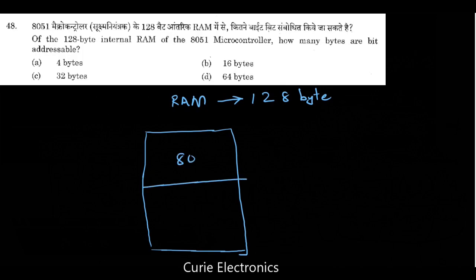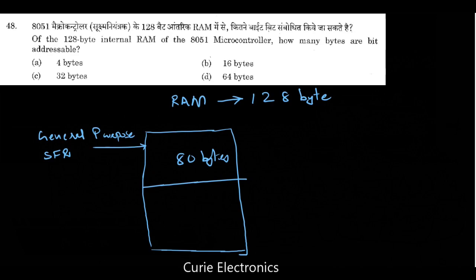And this top 80 bytes is scratchpad plus general purpose. This top 80 bytes is used as general purpose registers plus the SFR registers, special function registers, 80 bytes.